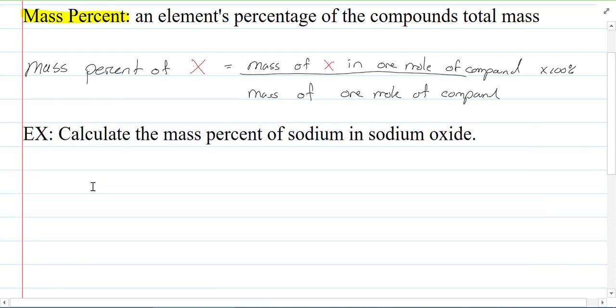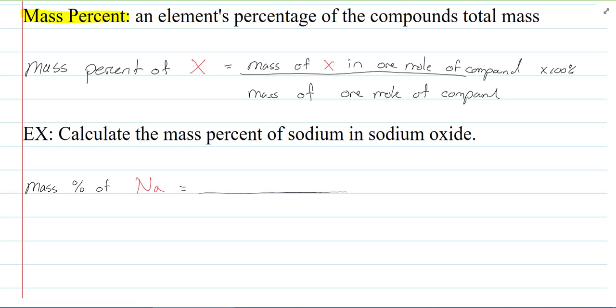For an example, calculate the mass percent of sodium in sodium oxide. We want the mass percent of sodium, so we look at the periodic table. Sodium weighs 22.99, and the units are going to cancel, so grams per mole. Sodium is 22.99 grams per mole, and then oxygen is 16.